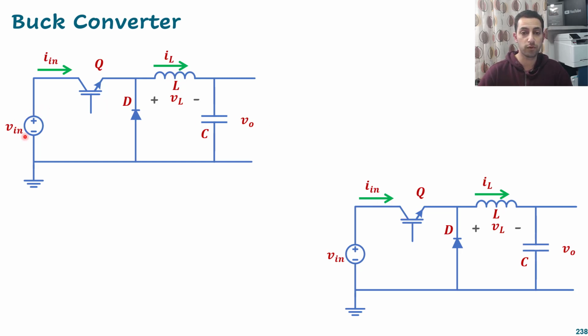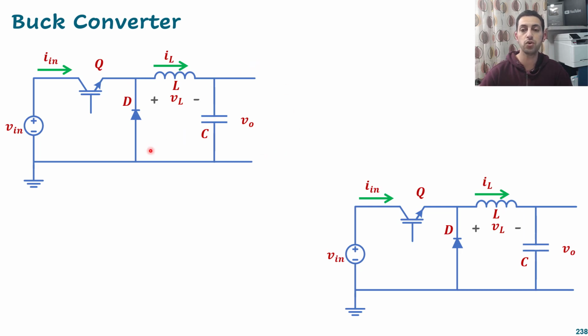We have a voltage input here, and it will push some input current, and that input current will go through the switch if that switch is on, and also it will be dividing here if it's allowed to divide to the inductor and also the diode, and it will reach the output.